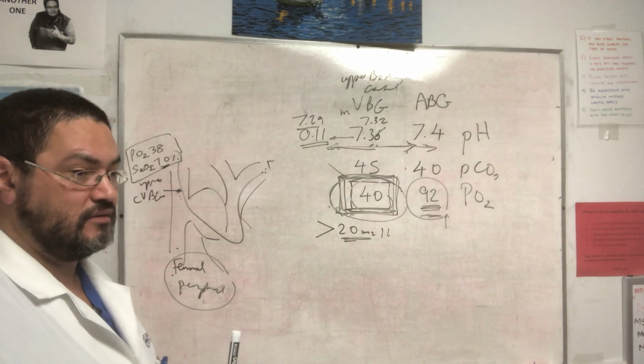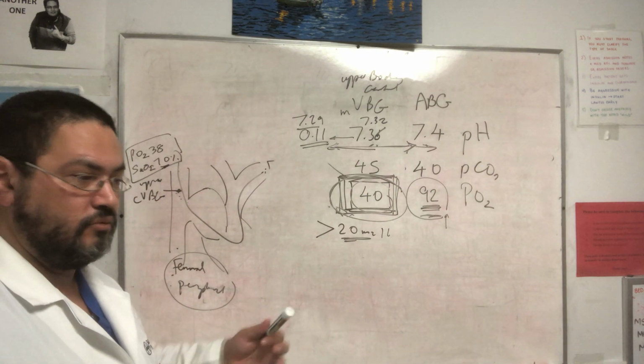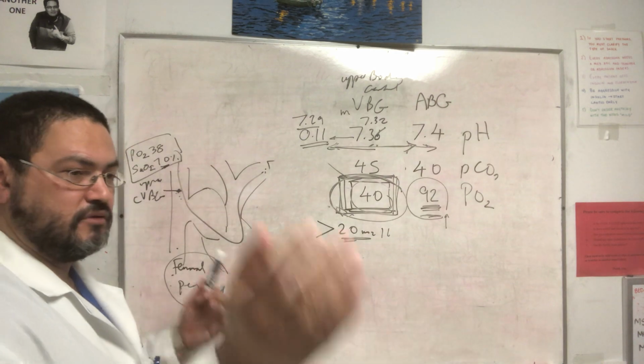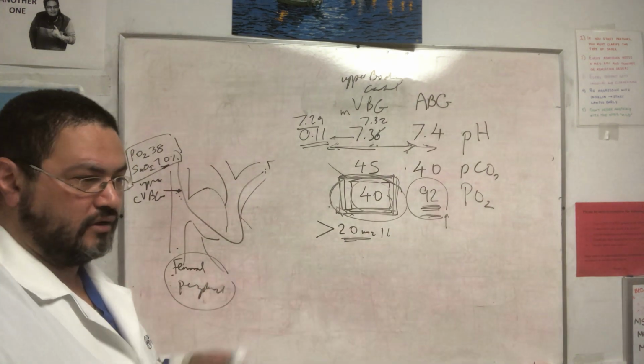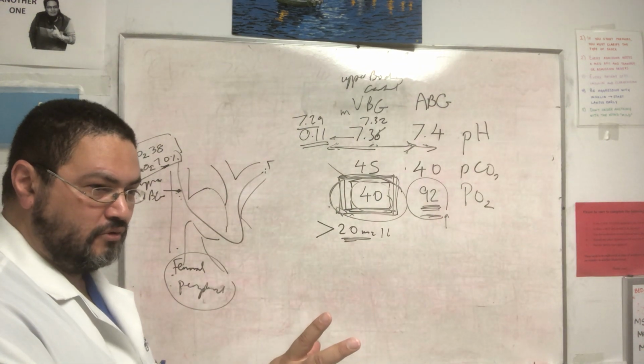That could be a nice study done here, with IRB approval, where we say we're going to do an ABG and VBG on patients with different levels of shock, depending on how we define shock. Maybe we'll have a cardiac output monitor, and if you have a cardiac output of 2, we send it.